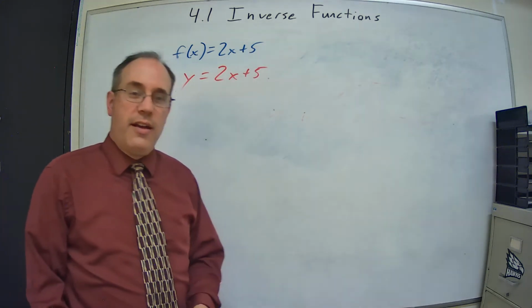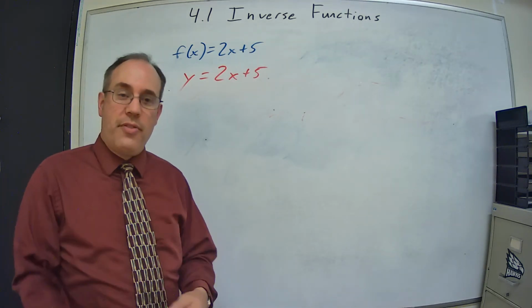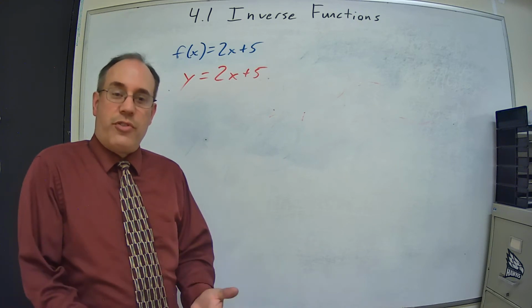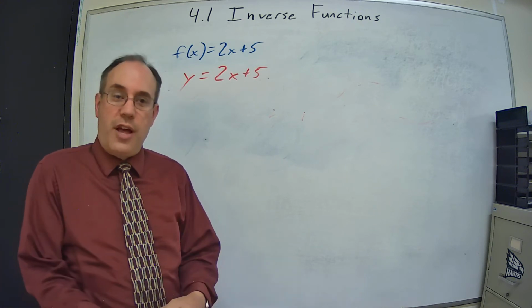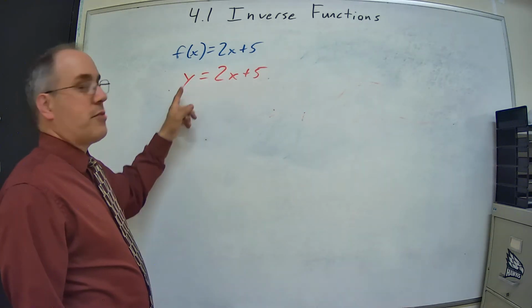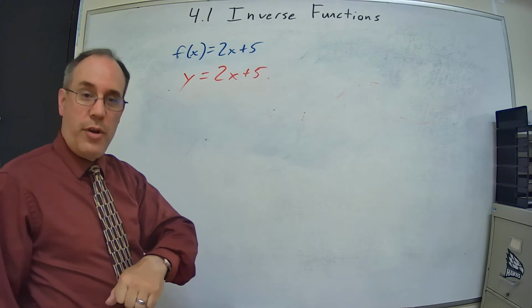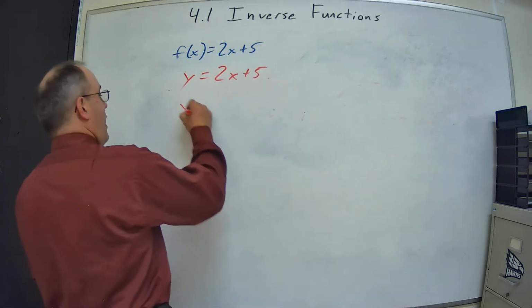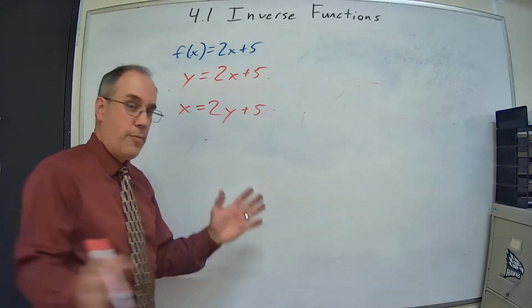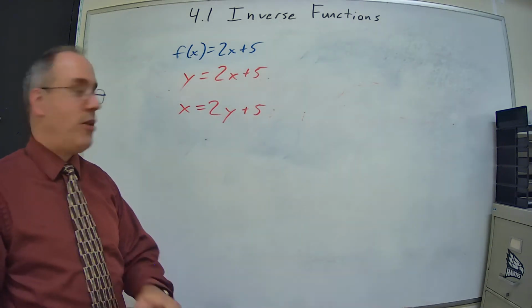Then, I'm going to swap the input and the output. Because remember, the purpose of an inverse function is to undo what was done. So I'm going to make it so the input now becomes the output, and the output now becomes the input. So x is equal to 2y plus 5. I'm just swapping x and y. That's all I'm doing there.